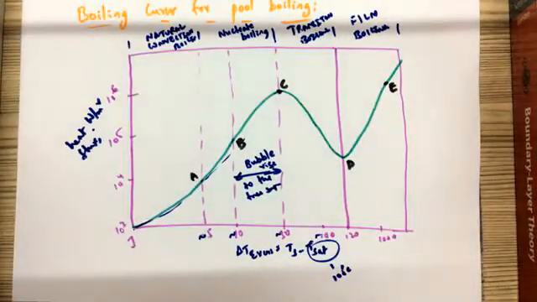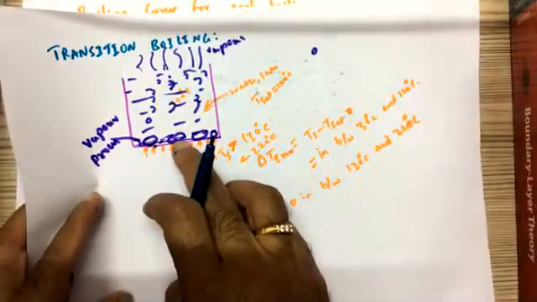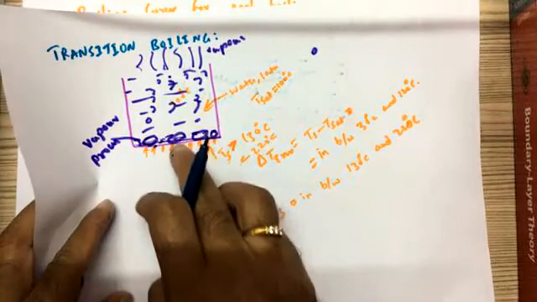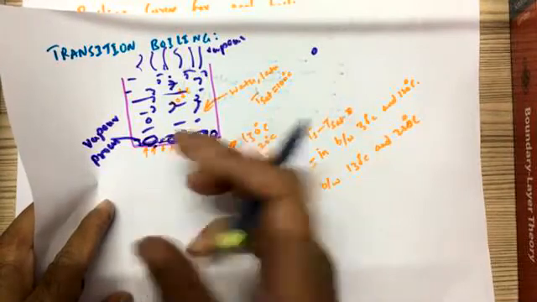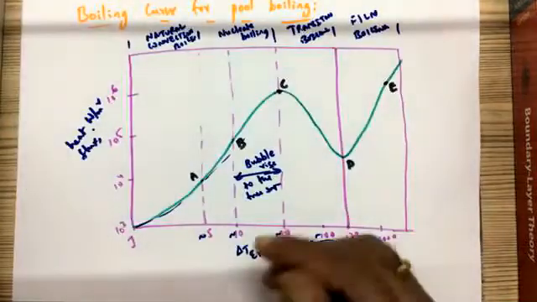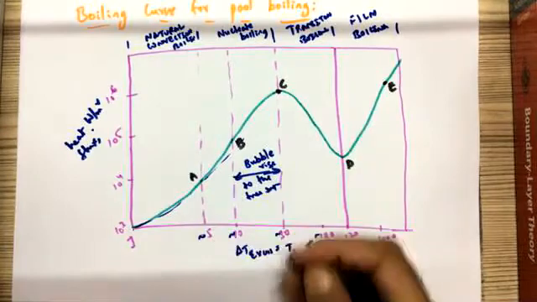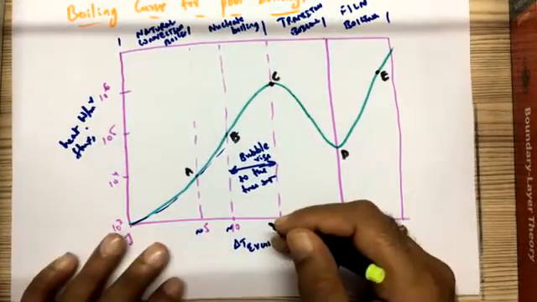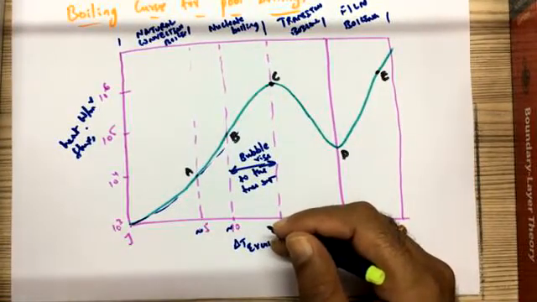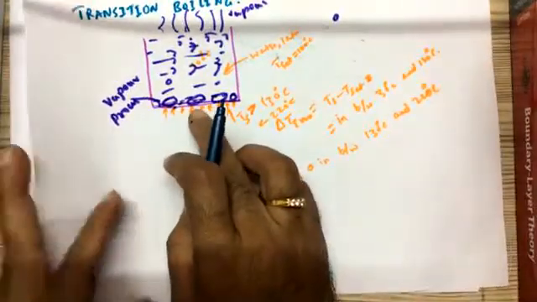Because I told you, in transition boiling you will have large vapors. So when heat has to flow through the gas, vapor is gas, when heat has to conduct through the gas, it has very low thermal conductivity, so it will not conduct that fast into the gas. But the amount of heat that is given at the surface is the same.